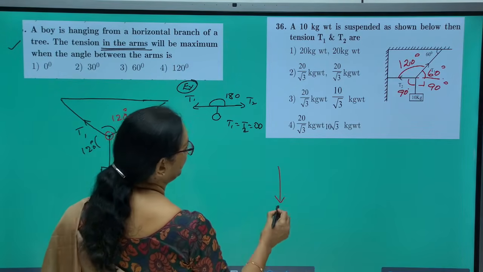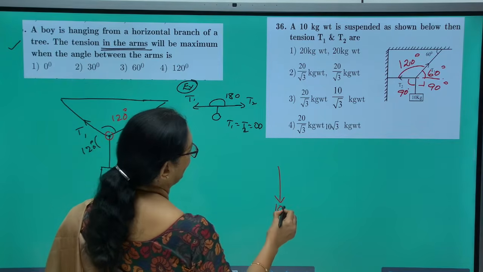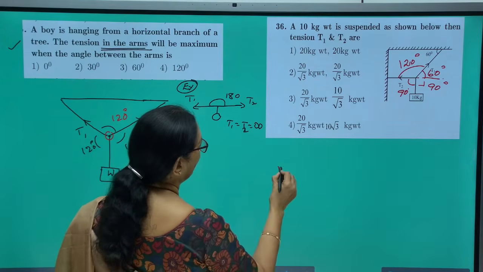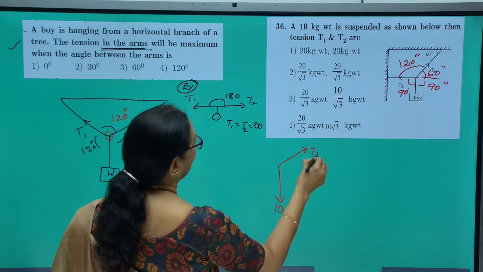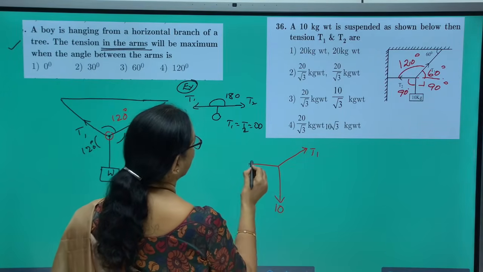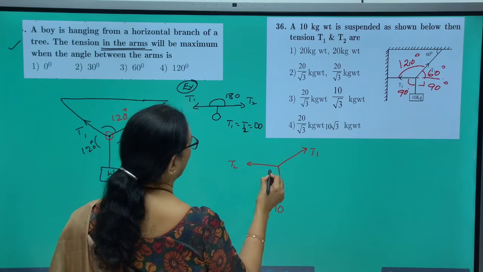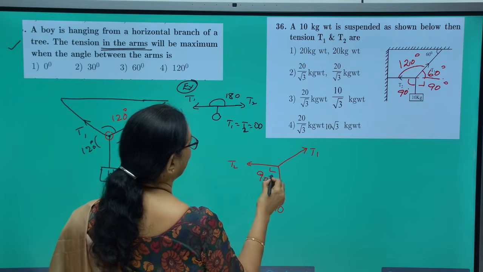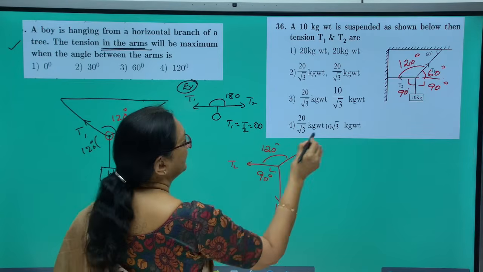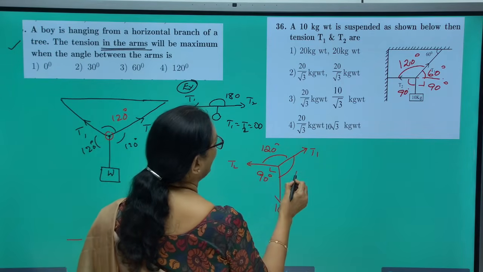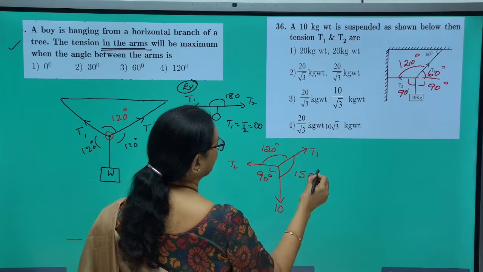See here, this is the 10 kg weight hanging, and this is tension T1 and this is tension T2. This angle is 90 degrees. This angle is 120 degrees, this angle becomes 150 degrees.